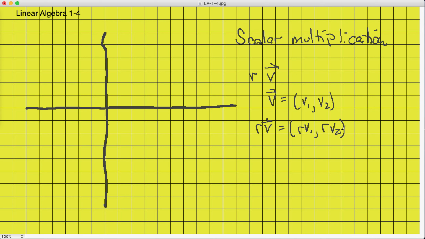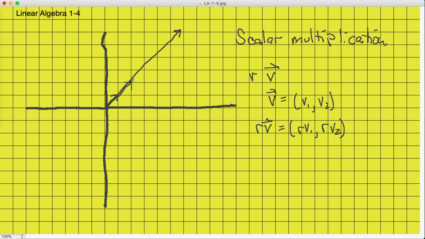And the idea here is that if this is my original vector, like that, then if r is greater than 1, it's going to extend the line even farther. If r is between 0 and 1, it's going to make it even shorter. And then the interesting thing is what happens if r is negative?